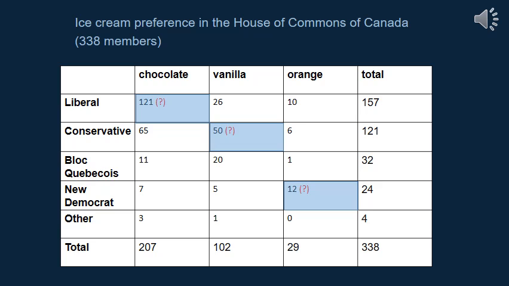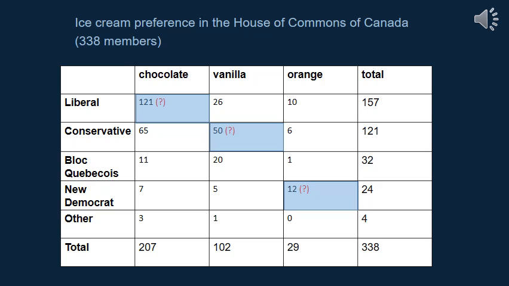So here the numbers I see in black in my two-way table are observed counts. Those are what I obtain when I survey the 338 MPs of Canada. These are real-life numbers.